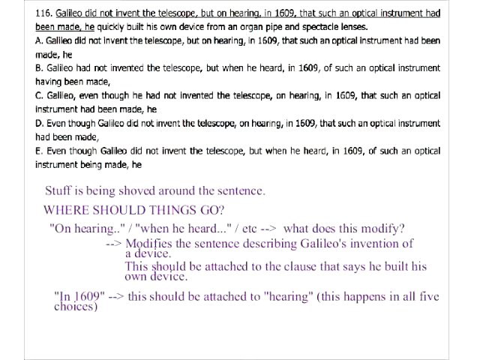And then in turn, that whole thing should, yeah. So let's take a look at the way these sentences work. Here's on hearing in 1609.